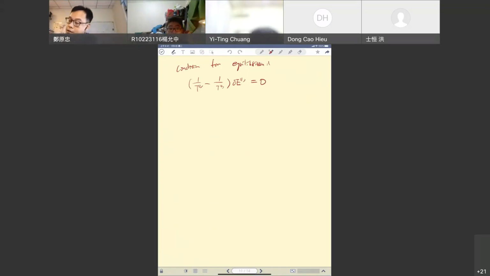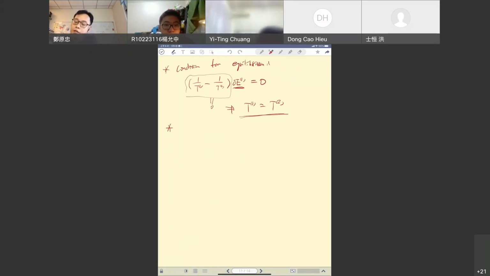And in this case, exchange of energy could happen, could be any value. So this must be 0. And for this to be 0, we know that T1 equals T2. So thermal equilibrium, according to the maximum entropy principle, occurs when the temperatures of these two systems are equal. So this is one condition for equilibrium.